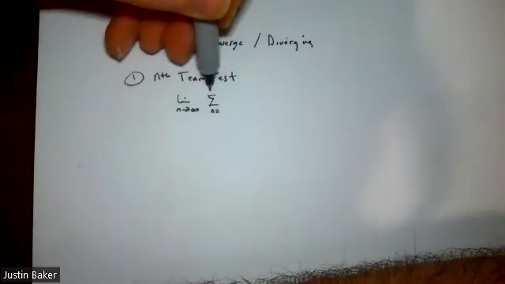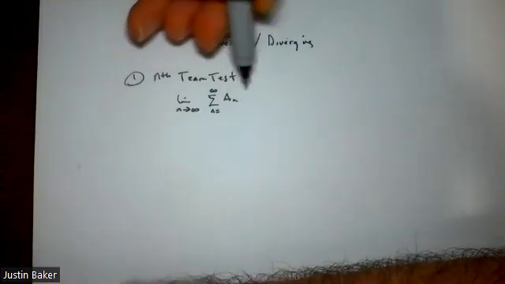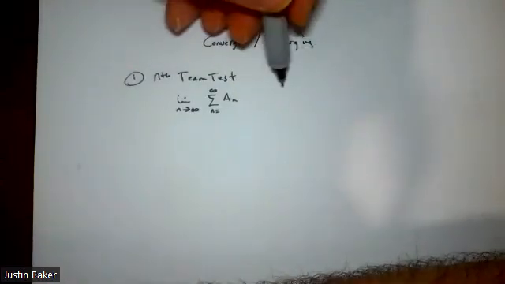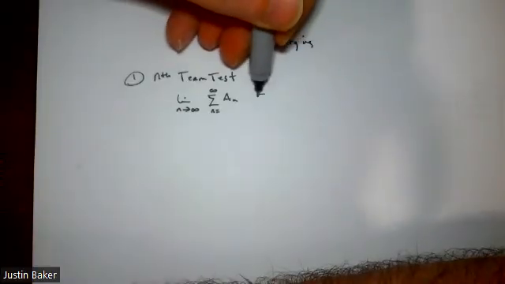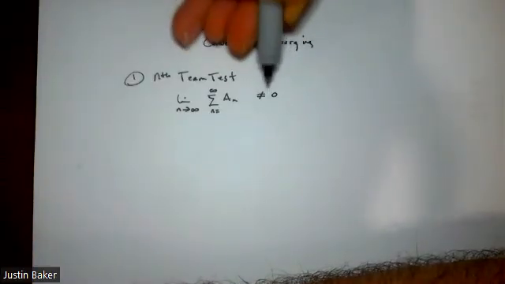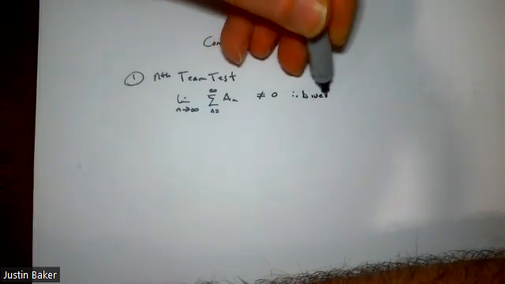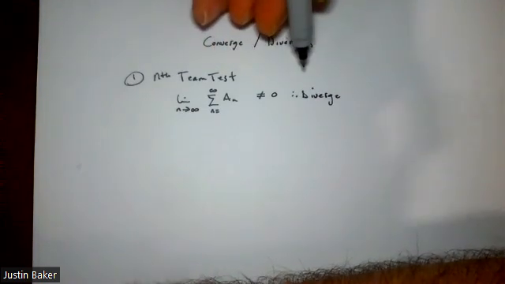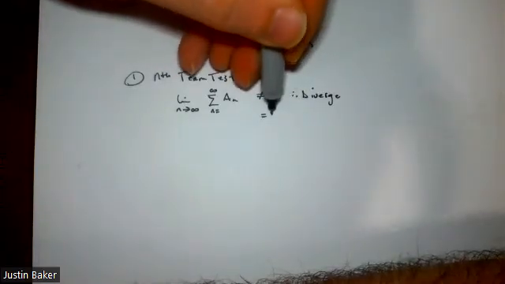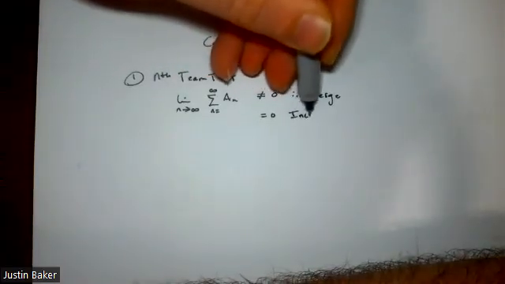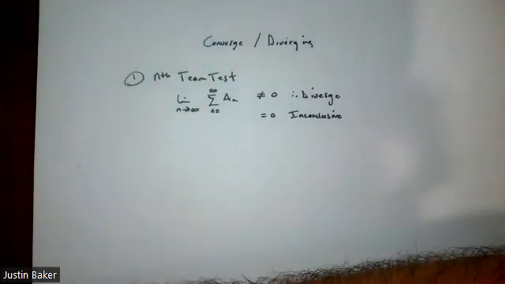If it doesn't equal zero, then we said it was diverging. And if it did equal zero, then we called that inconclusive, which means we need to further explore other ideas.